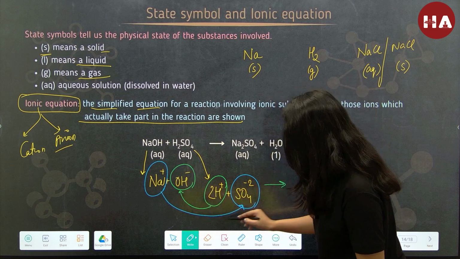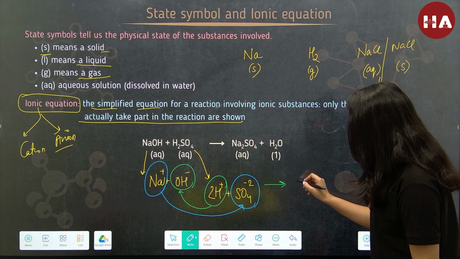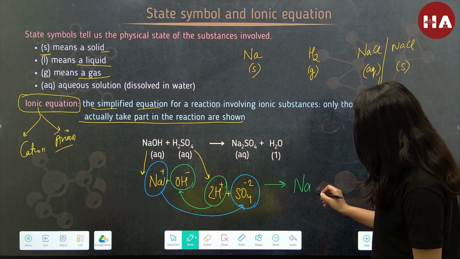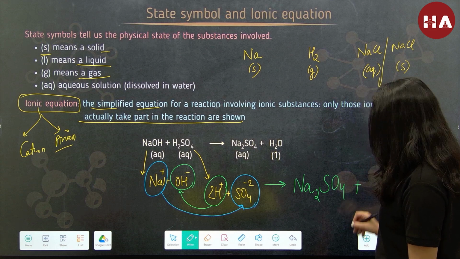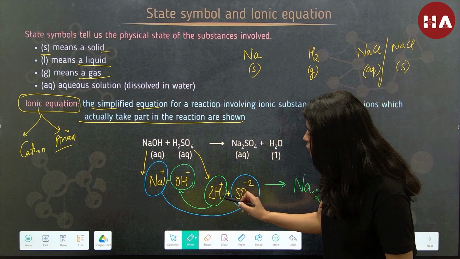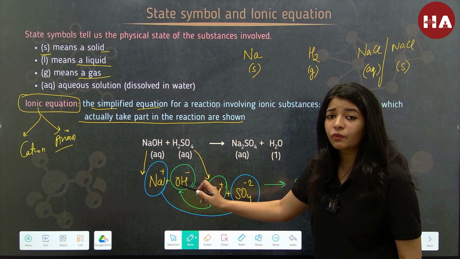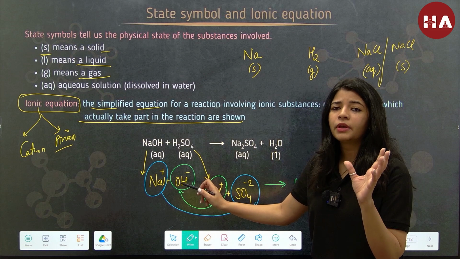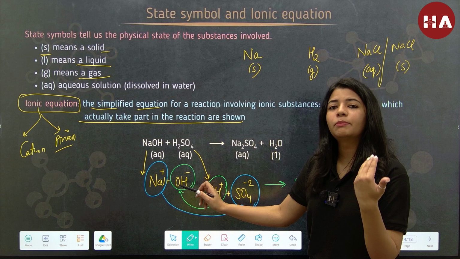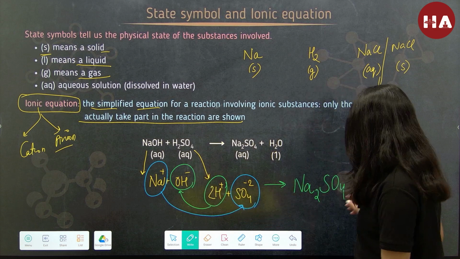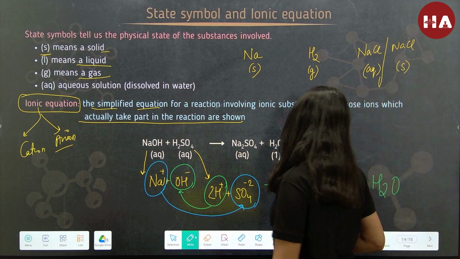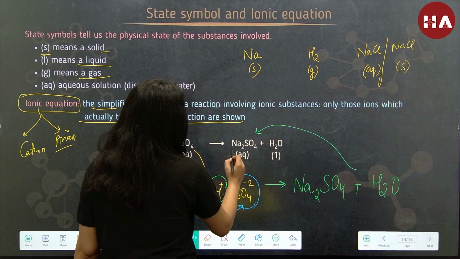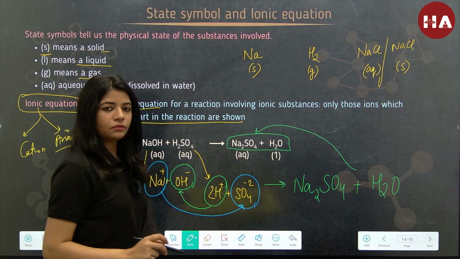Na+ will react with SO4 2- and that will give me Na2SO4, right? Plus what will be the other product? H+ is reacting with OH-. So when H+ or hydrogen ions or maybe protons react with hydroxide ions, it will give me water, H2O. Okay, and you can see here that the same products are formed, right?